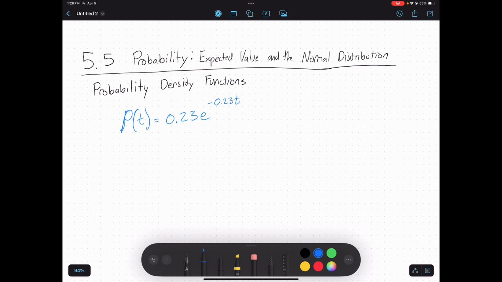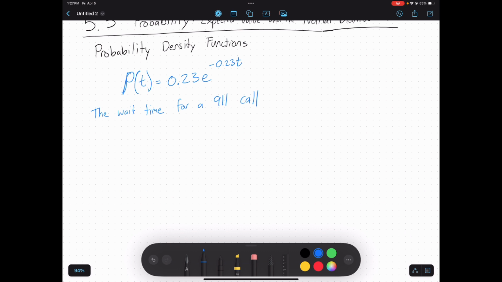And this is my probability density function for the amount of time you have to wait on a 911 call. So theoretically, I can plug in a value like 5 seconds, and it's going to give me the probability that I'm going to wait 5 seconds for my 911 call.